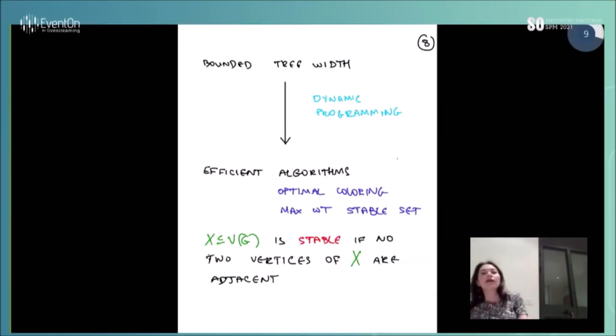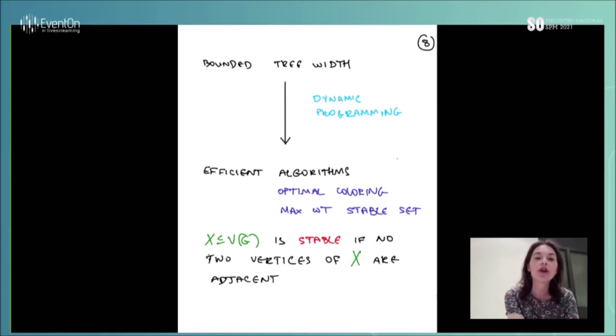So now why do I care? The reason I care is because bounded tree width is excellent for efficient algorithms. I mean, first of all, if you get used to this notion, it's a very good structural description of a graph. And for that, I think you don't really need to think about how big the bags are. You can say, my graph is very complicated, but the bags are much simpler. That's as graphs. Somehow they belong to a much simpler class of graphs.